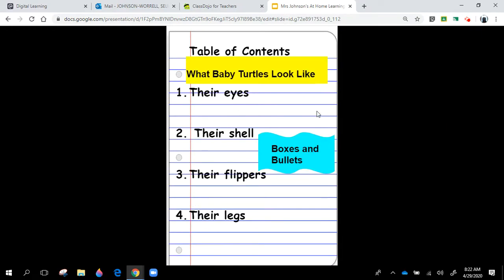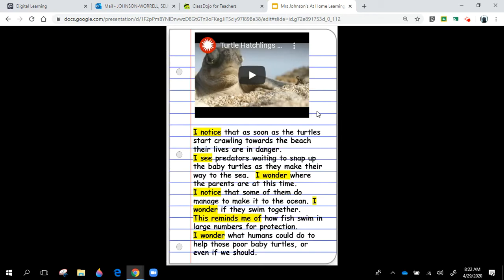So I want to show you now your table of contents. Now, after you did your research, we're going to focus on table of contents. And when we are talking about a table of contents, we don't just write anything in any order. We plan what we're going to write. And it's very important because when we write information books, we write to teach something about a topic.